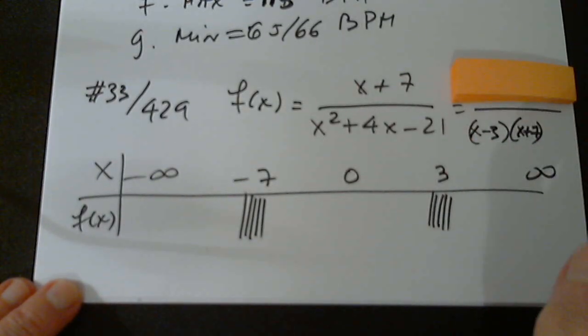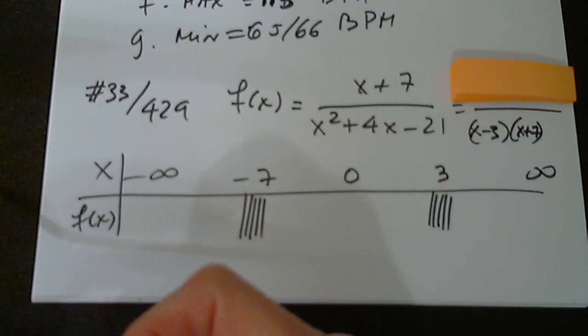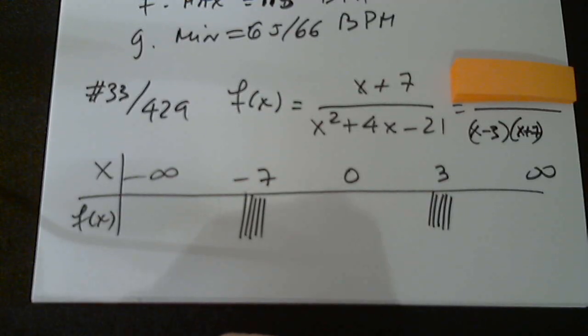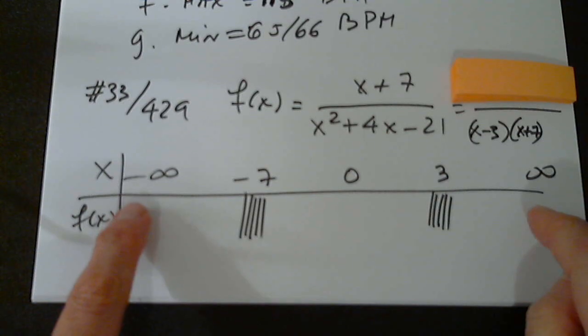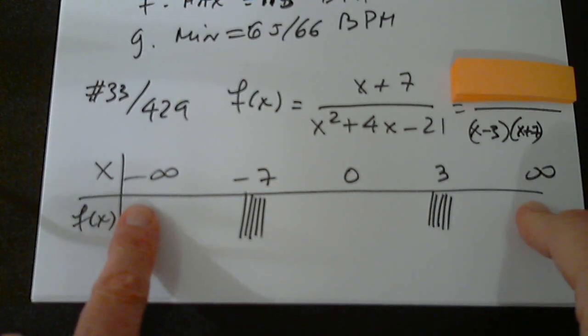Is it type 1 or type 2? Will it be type 2? Yes. Perfect. What is the end behavior and the horizontal asymptote then?